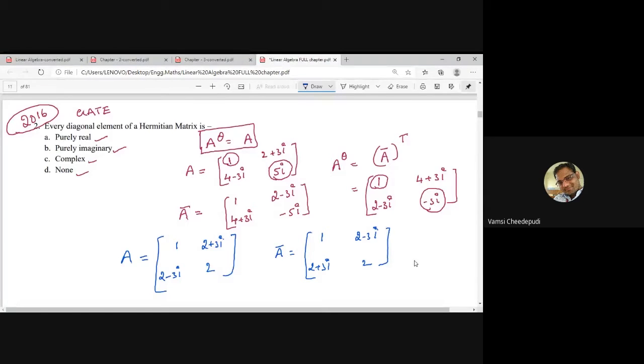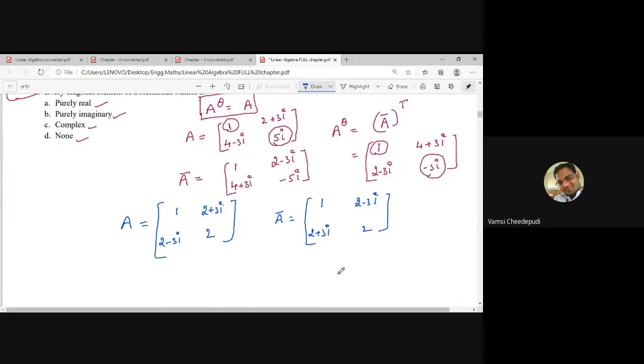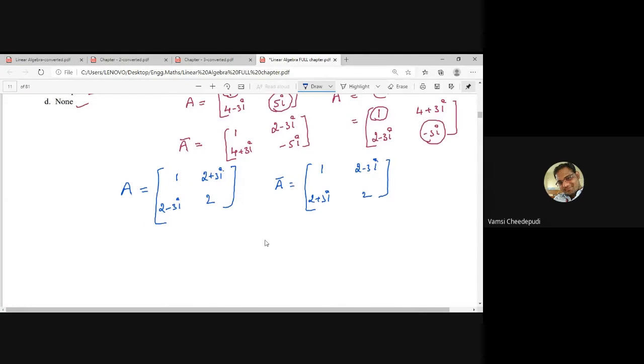And let us take the transpose of this. A power theta is equal to A bar whole transpose. The first column should become the first row, 1 and 2 plus 3i. The second column, 2 minus 3i and 2.